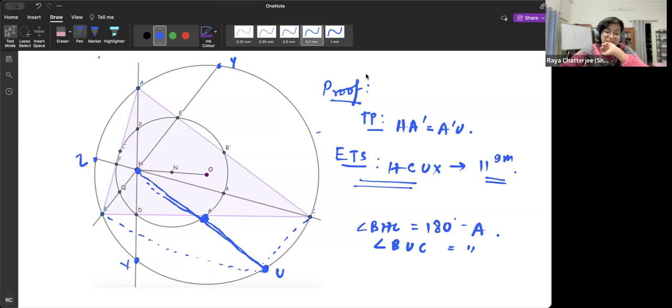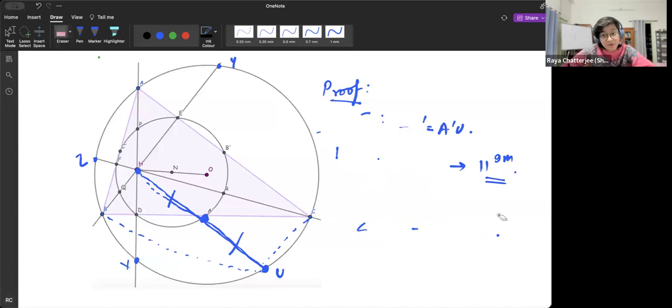Okay, I can suggest something. We can just take the opposite approach. We can assume that this and this are equal. If we want to show that HCUX is a parallelogram, that is also a perfectly valid method. But there is one more way to approach this. We can assume both of them to be equal, and then we can show that AU is the diameter.